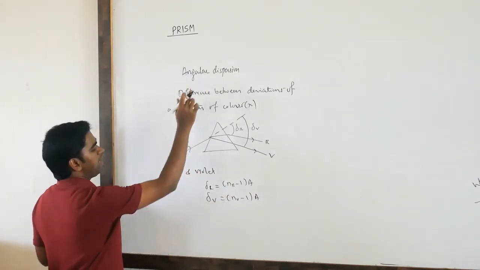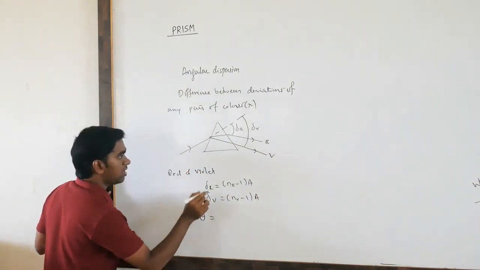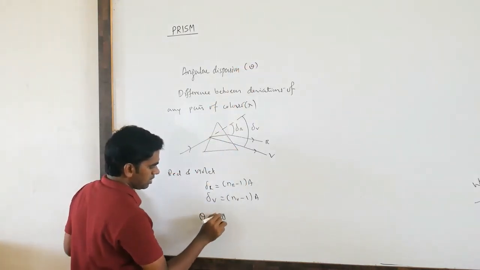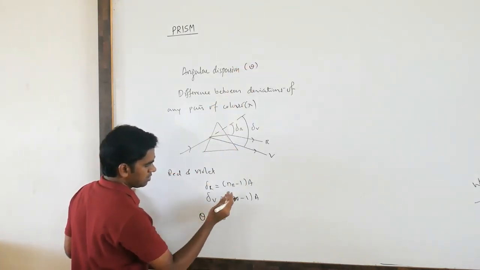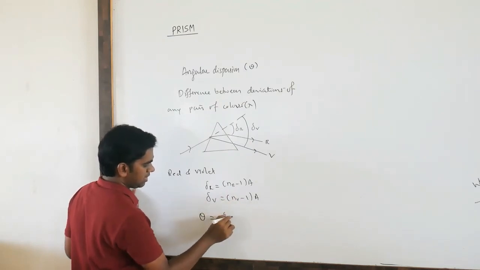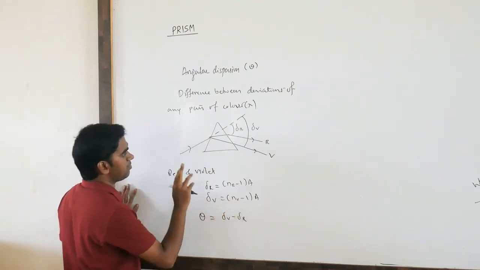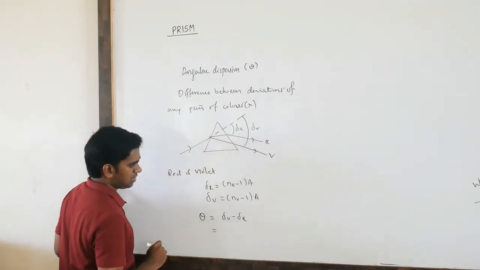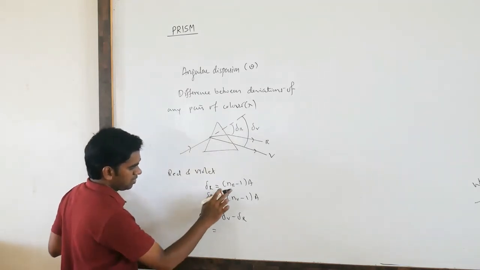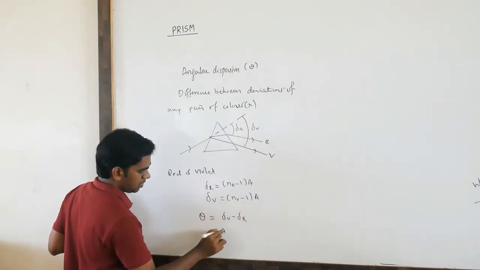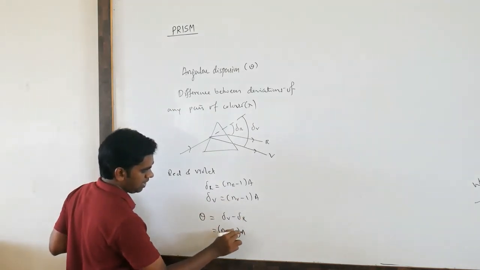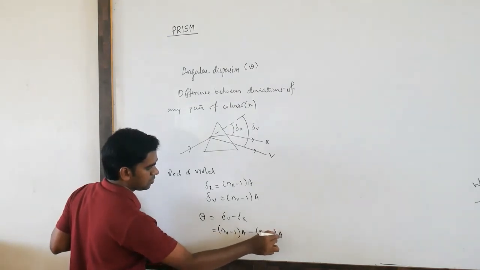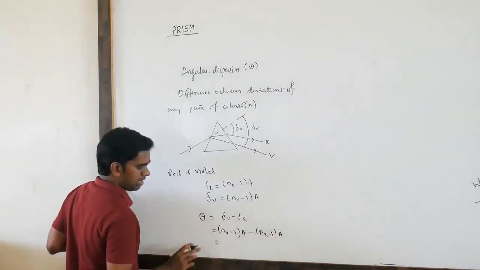What is the definition of angular dispersion? Angular dispersion, denoted by theta, equals delta R minus delta V, or delta V minus delta R: the difference between deviations of a pair of colors. Substitute this: (NV minus 1) into A minus (NR minus 1) into A. Plus A minus A will get cancelled.